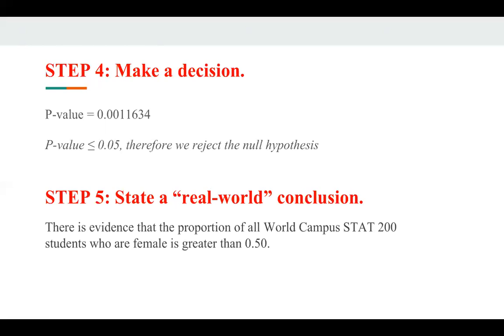Therefore, we will reject the null hypothesis, saying that our data is statistically significant. And then just to make a real-world conclusion to bring the example to life, we can say that there is evidence that the proportion of all World Campus Stat 200 students who are female is greater than 0.50, since our p-value was less than our alpha level.